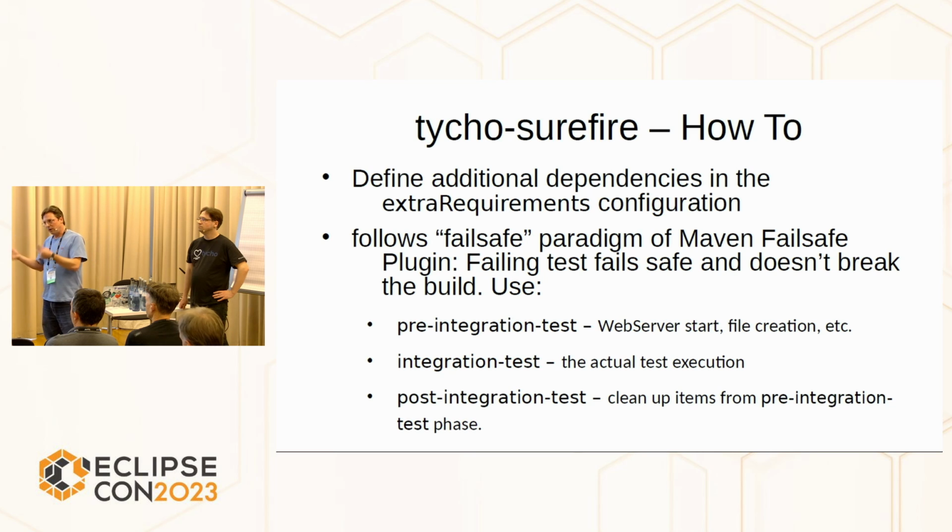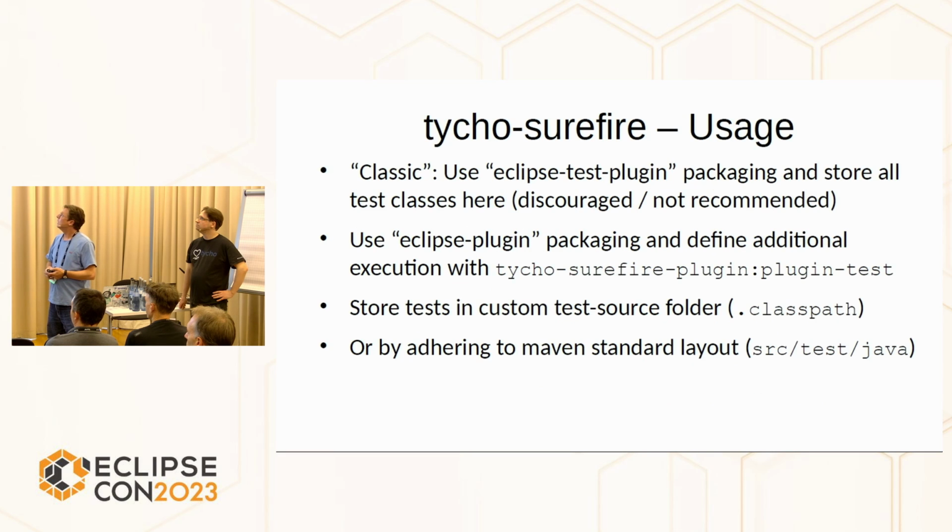And this would crash the build and, yeah, in worst case, maybe the agent, I don't know. But now the Tycho Surefire plugin adheres to the failsafe paradigm, which means the tests are executed so they can safely fail without destroying the actual build. And you have these goals, the pre-integration, post-integration for a more sophisticated ramp-up and cleanup.